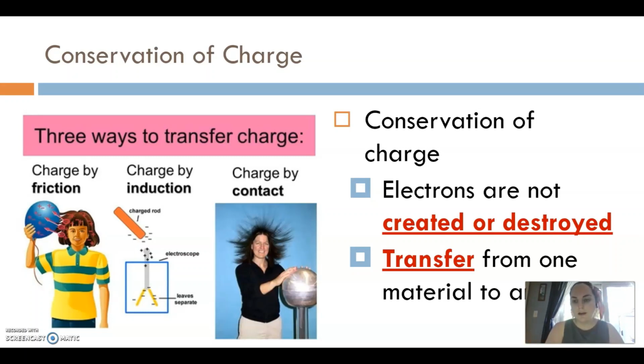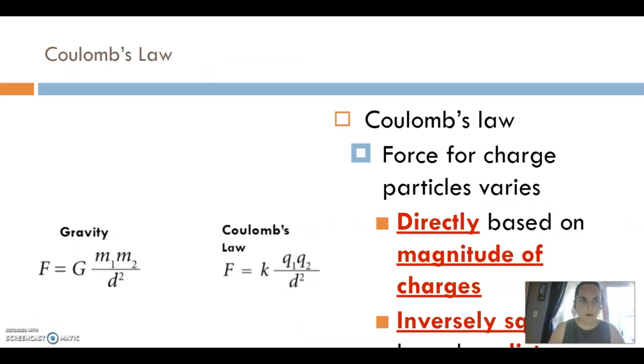So that brings us to Coulomb's law. When we're trying to look at this electric force, this force of attraction or force of repulsion, it is similar to our force of gravity. If we were to compare them, it would be directly based off the magnitudes of the charges instead of the masses.